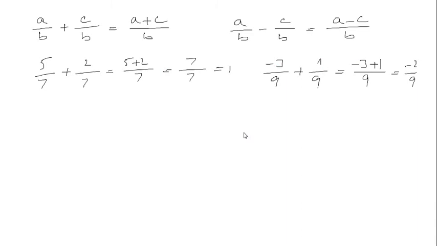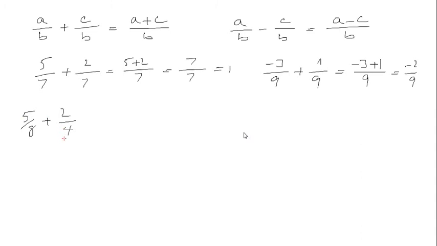Now, what if you do not have a common denominator? If you do not have a common denominator, you need to find the common denominator. For example, if you have 5 over 8 plus 2 over 4, you need to find the least common denominator between 8 and 4.